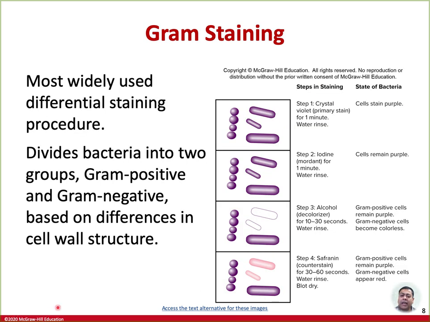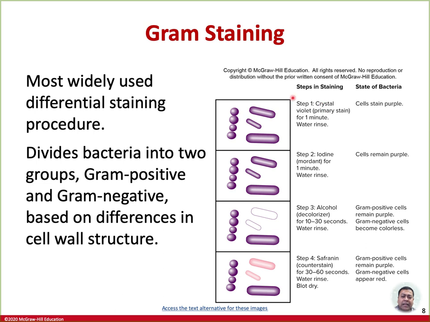So the most common of the differential stains is the Gram staining, the most widely used process. In the Gram staining procedure, in the first step, we make a smear and stain with a primary stain, which is the crystal violet.